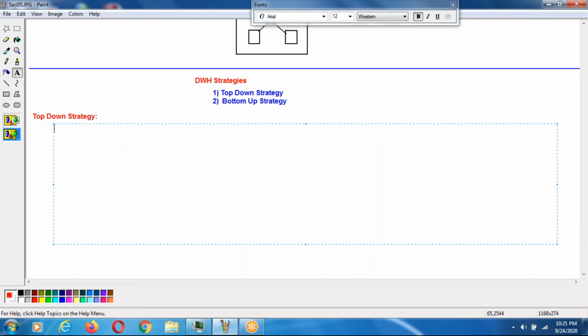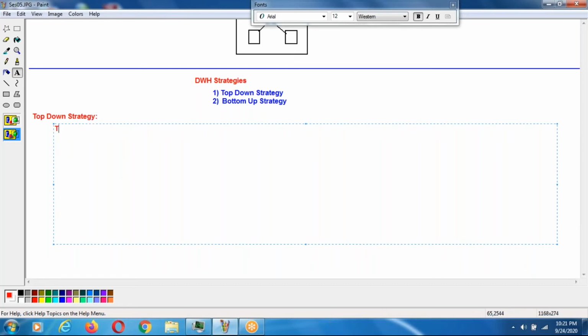Which one has to be created first and which one later is explained with these strategies. Both strategies say that you should have subjects and a centralized or enterprise warehouse. But which one is created first and which second is explained with the help of these strategies.